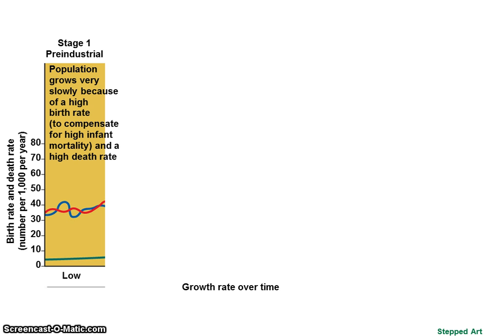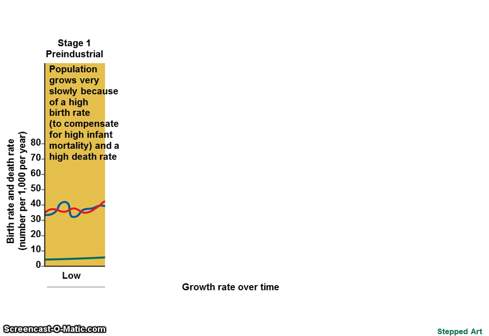So what we see here in this first stage, in the pre-industrial stage, is that the population growth is very low. You've got a high birth rate, but you also have a high death rate. A lot of that is just compensation for high infant mortality and the fact that life expectancy is not terribly long. You've got a good chance of dying of some disease.